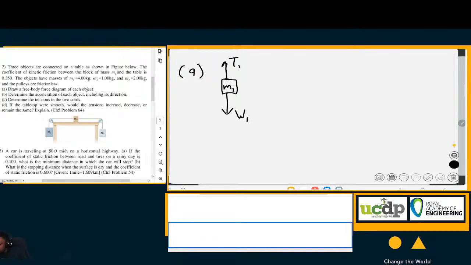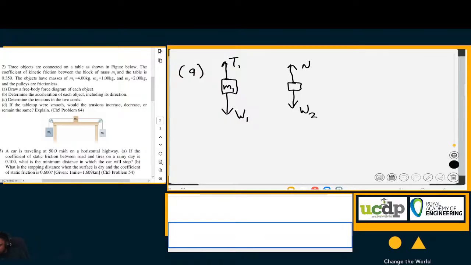Then for mass number 2, this one is a little bit more involved. Mass 2 is slightly smaller. You don't have to draw it to scale, but I choose to. It has a normal force acting on it because it's on the table. Its weight should be exactly the same because there's no net movement up and down. So that's the weight of mass 2. And then there are forces in the horizontal direction as well.